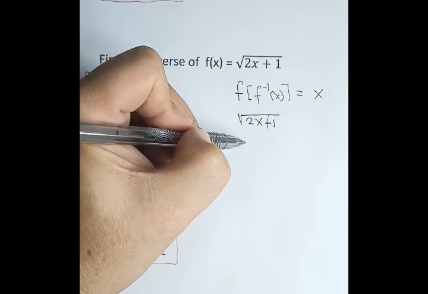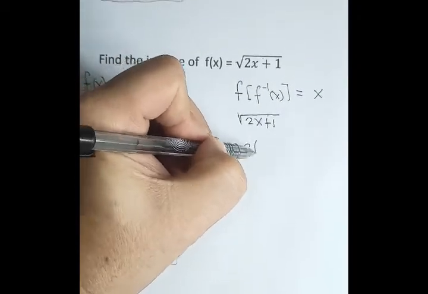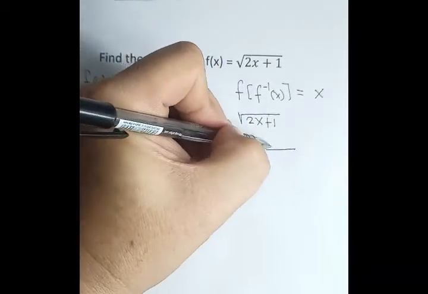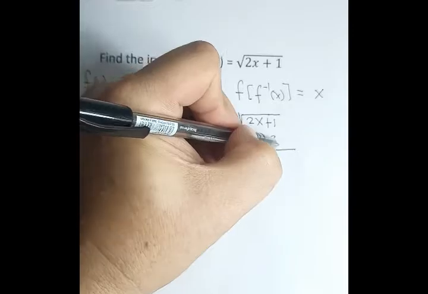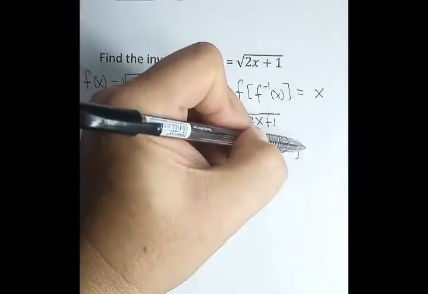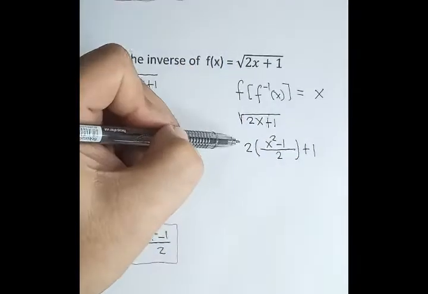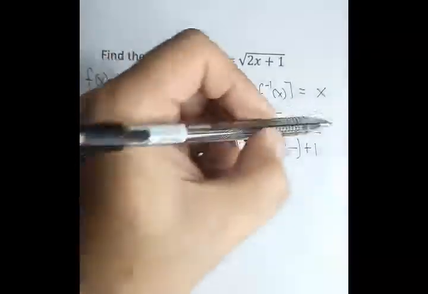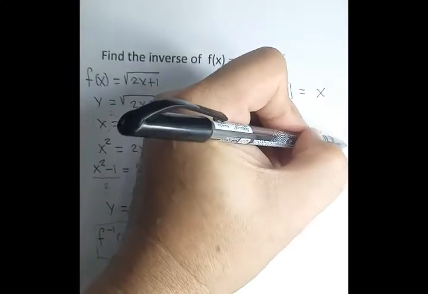So we have 2 times x squared minus 1 over 2 plus 1. Then square root. Atong i-check kung equal ba ni siya og x.